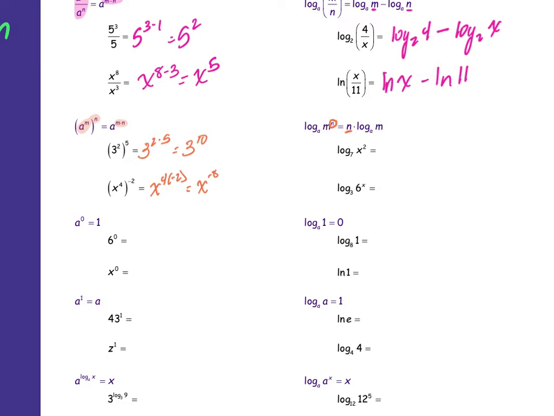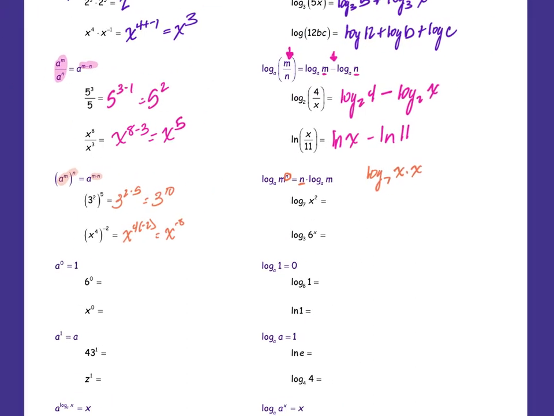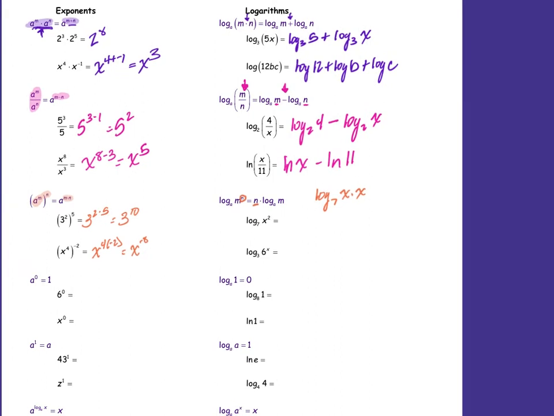So I could rewrite this as log base 7 of x times x. Is that correct? So now I have a times. I could rewrite this as log base 7 of x plus log base 7 of x, right?